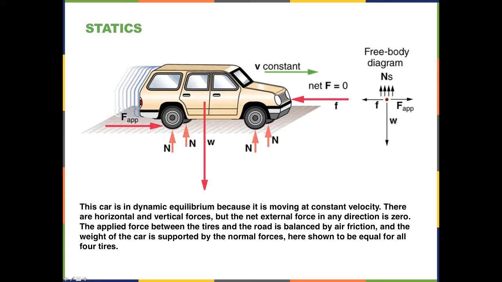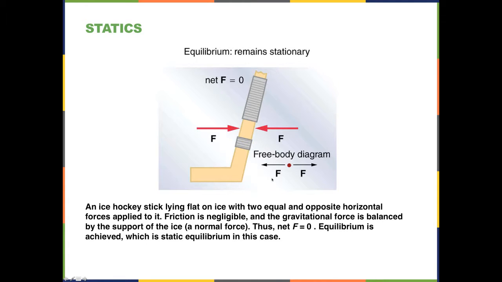So all of these are balanced: the upward and downward forces add up to zero, and the forces to the left and the forces to the right add up to zero. So this also is a static equilibrium, even though the car is moving at a constant velocity.